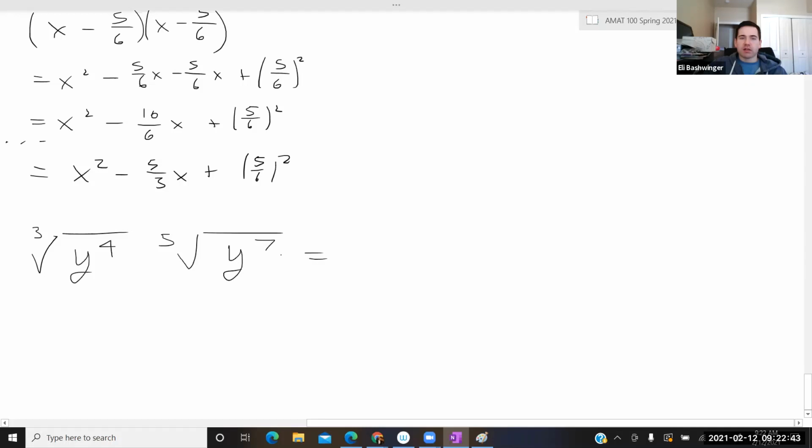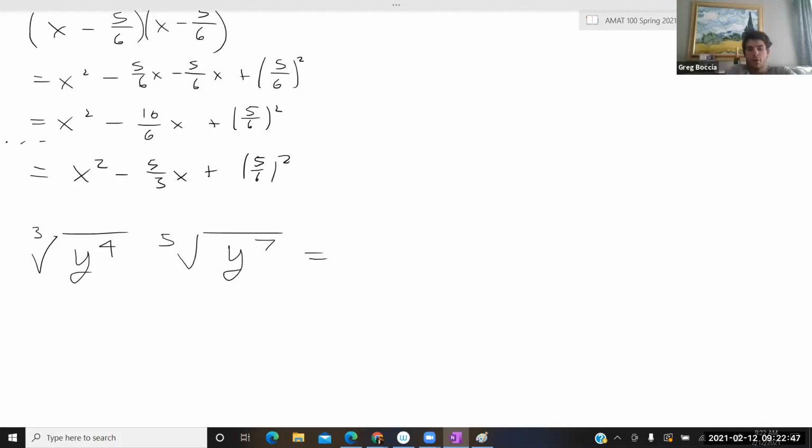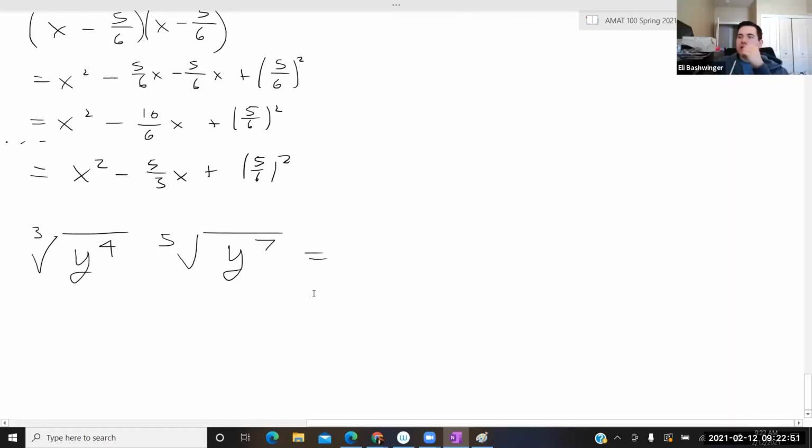So the idea is that if you take the nth root of a, this is the same as doing a to the 1 over n. These things are just defined to be the same.